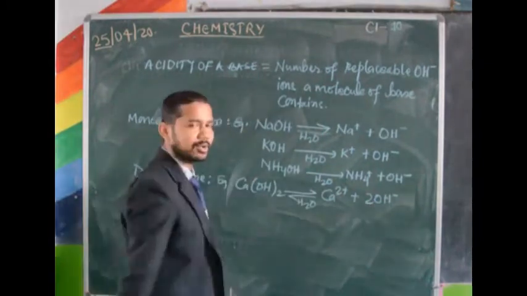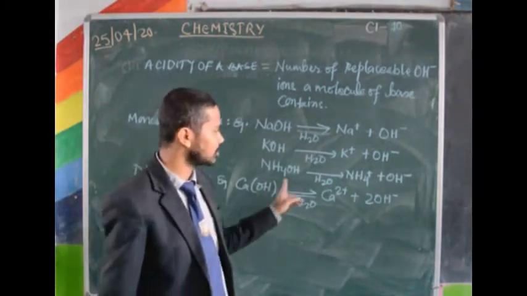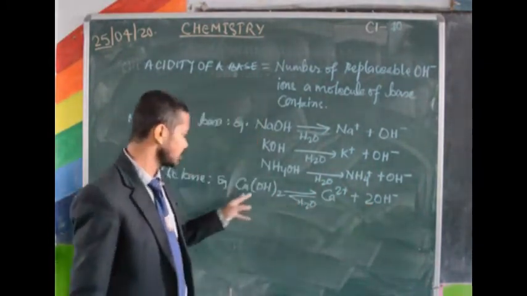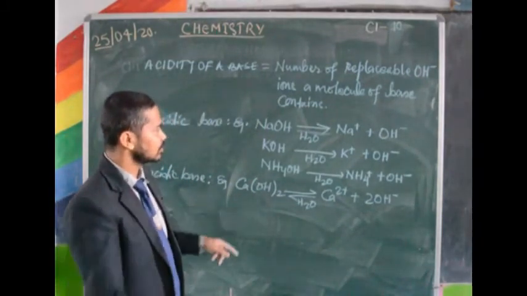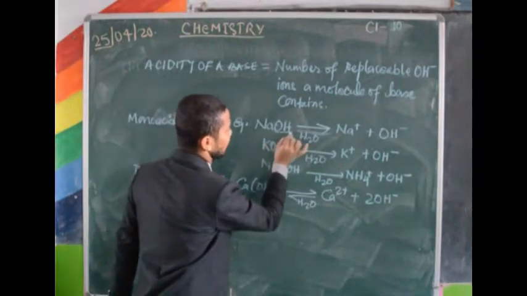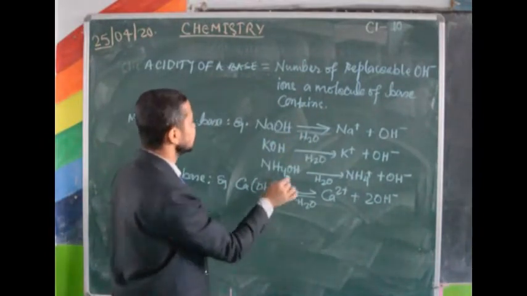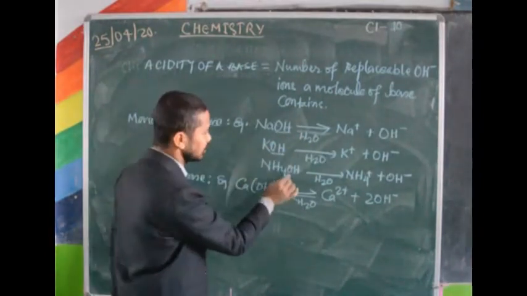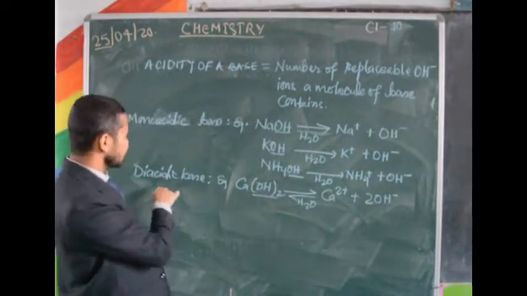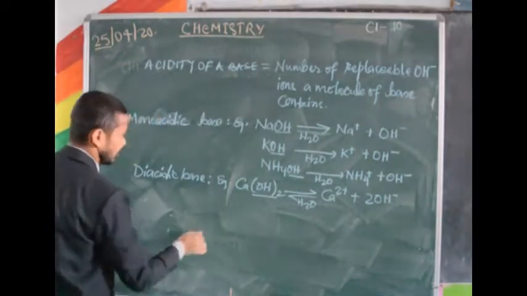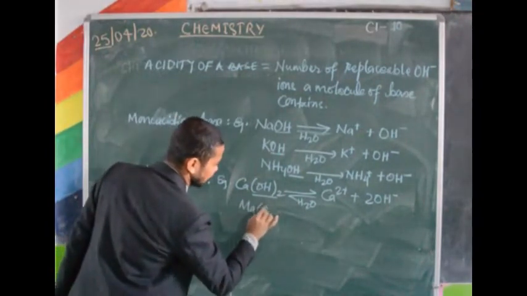How many hydroxyl ions is one molecule of calcium hydroxide producing? Two. So calcium hydroxide is a diacidic base. So simply, you can see: 1 monoacidic, 1 monoacidic, 1 monoacidic, 2 diacidic.